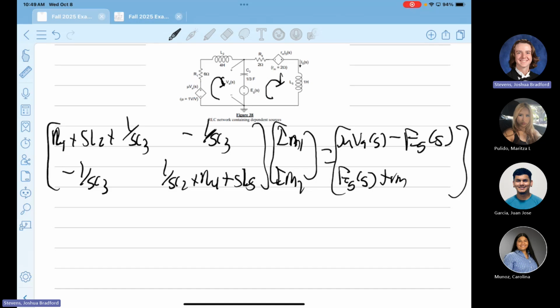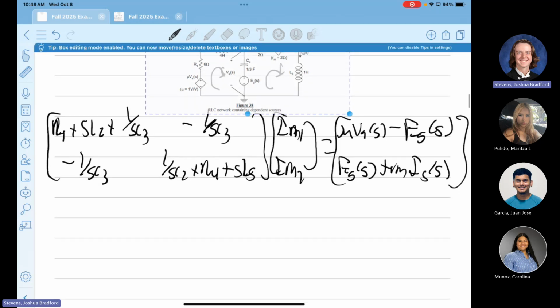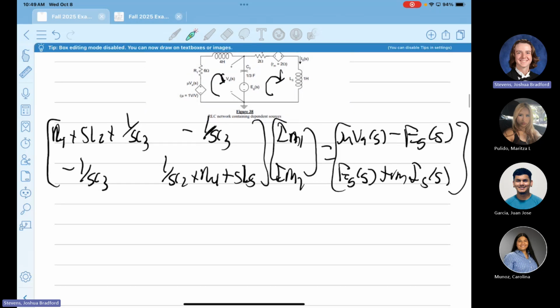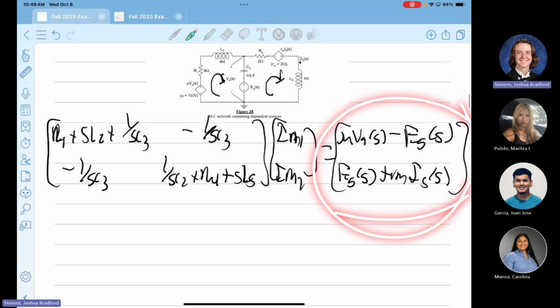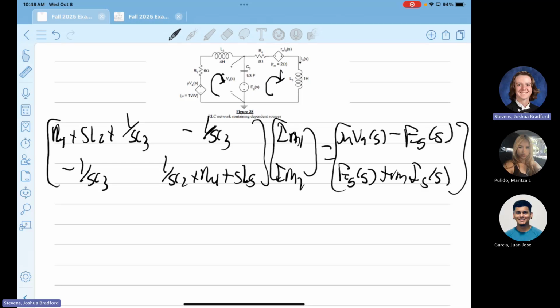EG of S plus RM I5 of S. Okay, so we have terms here that are not sources or mesh currents. What do we do? You have to find out what they are and then separate them out into different meshes and subtract them. So what is VA? We're going to wait on that one. What is I5?